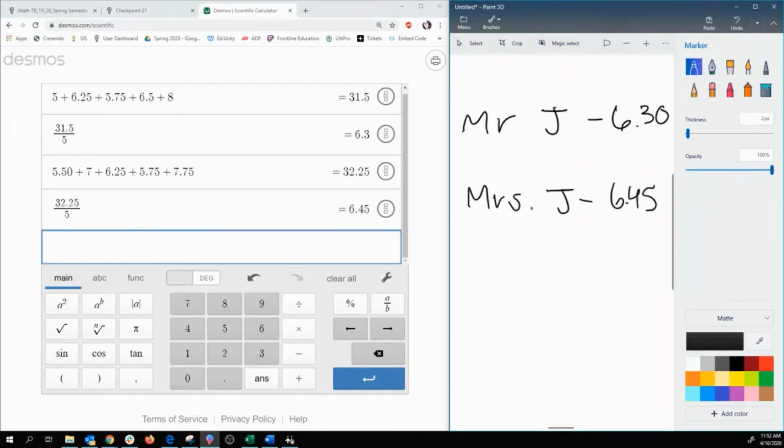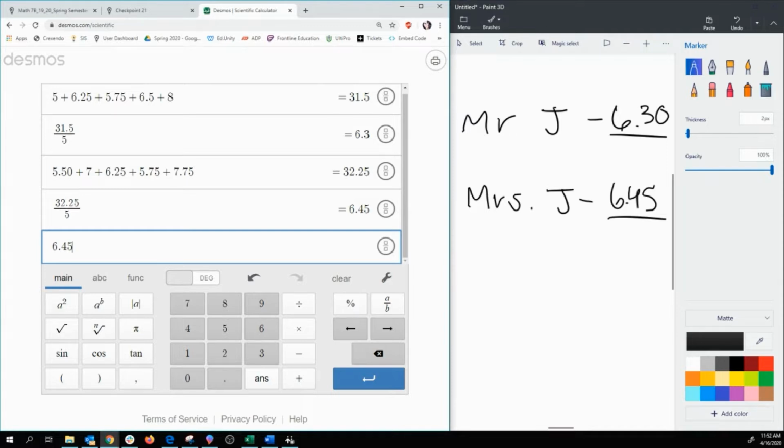$6.45 for lunch. So to figure out the difference, right, in their means or their averages, what would I do with these two numbers if I want to figure out what the difference is? Jordan says it's 15 cents.